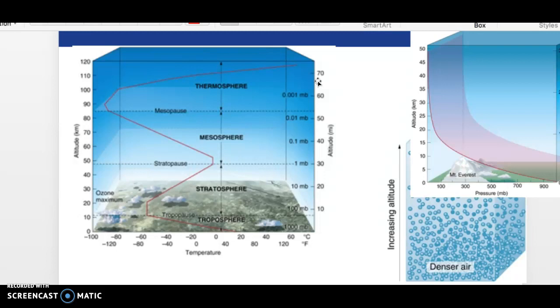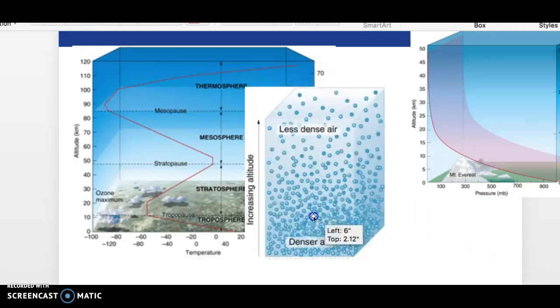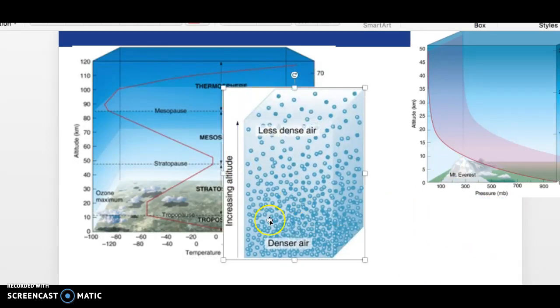Now, rather than having a distinct upper boundary, the atmosphere merely thins out as the molecules become less dense. So as you can see in this diagram, the air towards the surface is more dense. There's more molecules in the same amount of space, meaning the molecules are closer together. So we call that a higher density.